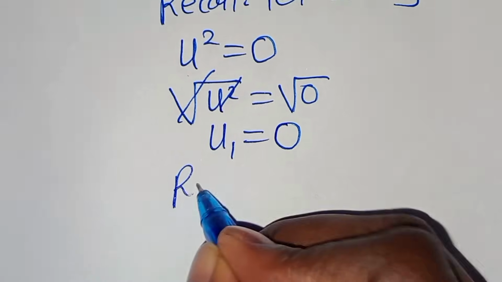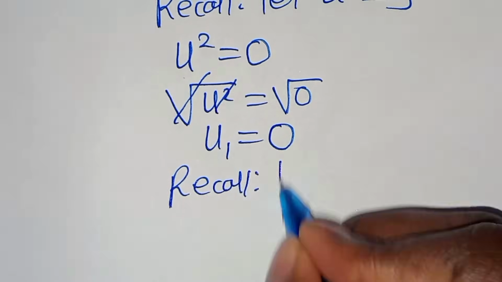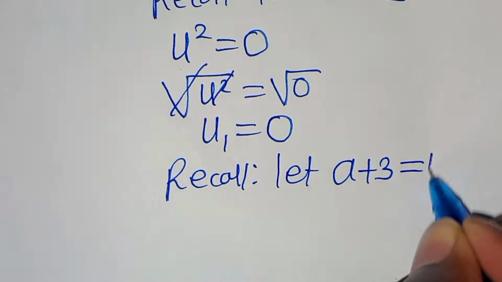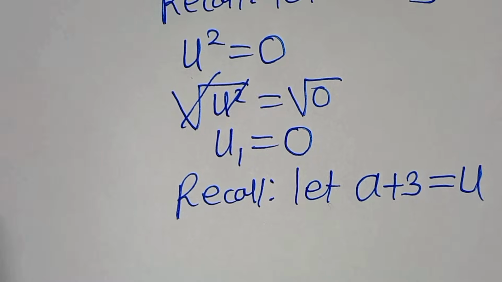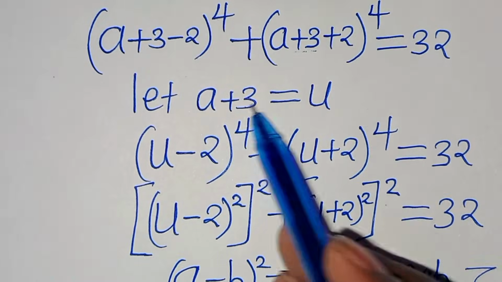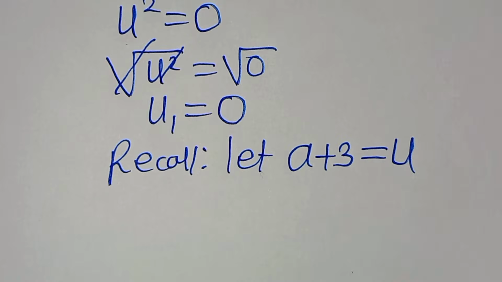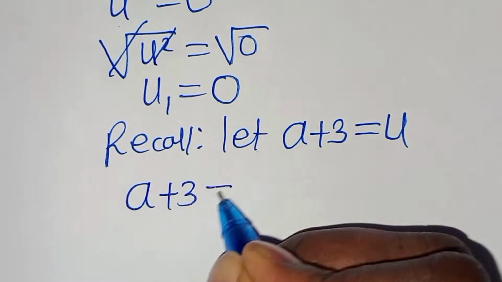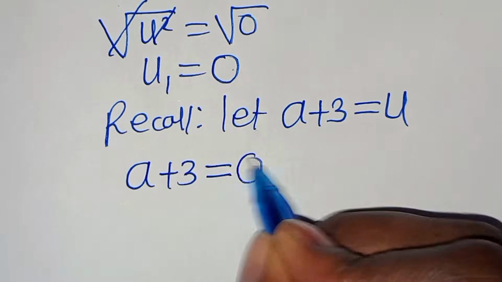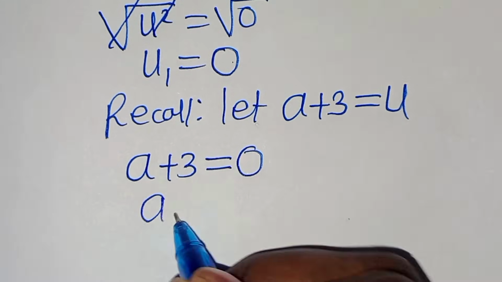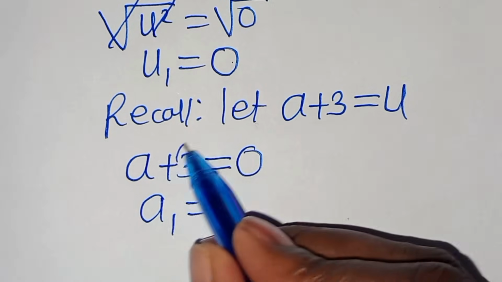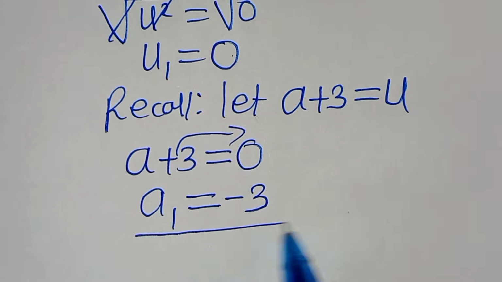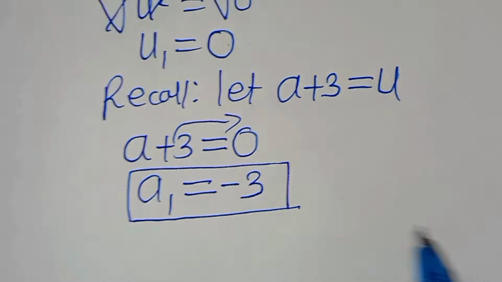Now, if you recall again, we have seen that let a plus 3 be equal to u. So that now we have a plus 3 equal to u, which is 0. And this means that a1 is equal to minus 3, taking the 3 to the right hand side. So this is the first value, a1.